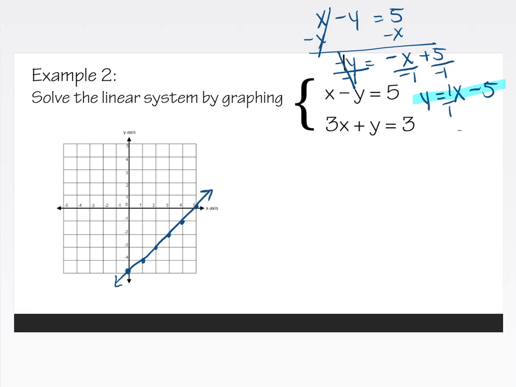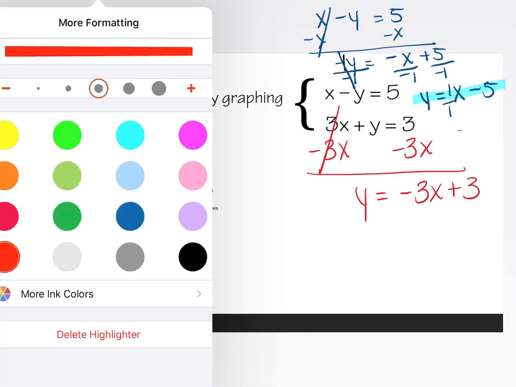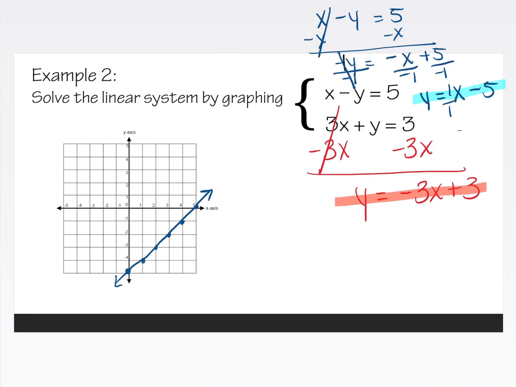Now our next equation, we have 3x plus y equals 3. We're going to subtract, similar to what we did in example 1, subtract 3x from both sides, and our y is already isolated here, so we just get negative 3x plus 3, and that is my second equation.